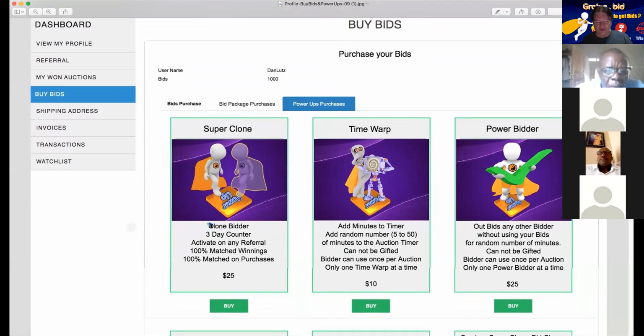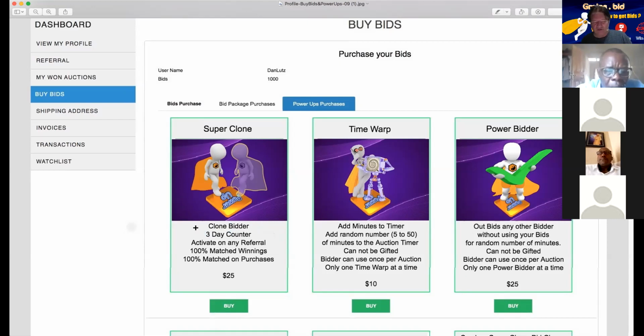The cloned bidder means that when they bid and win, you bid and win. Anything that they end up winning, you will win. This has to be on your direct referrals.